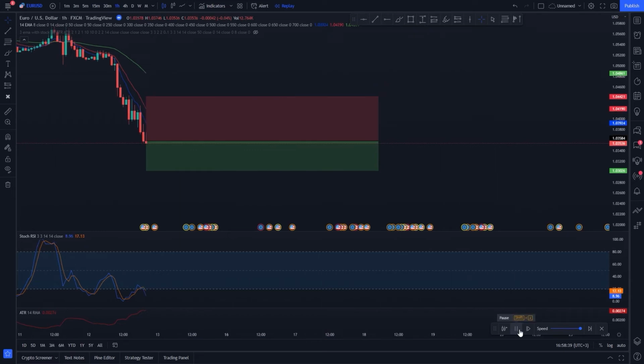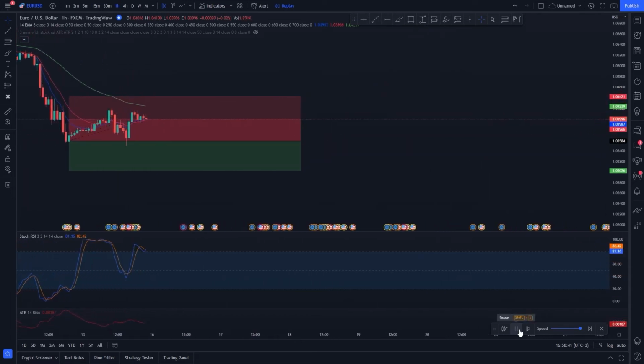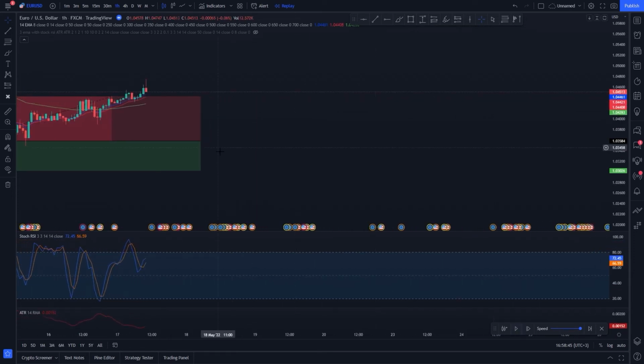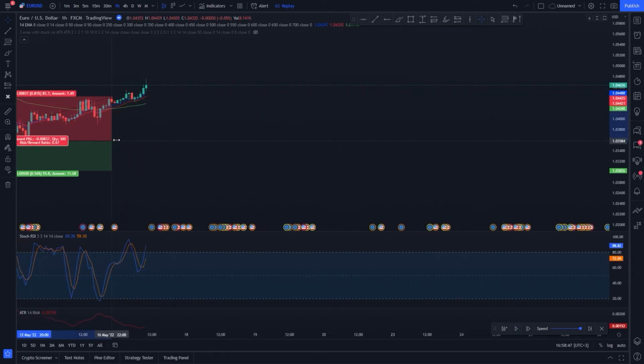And let's see what happened to our trade. As we can see, it hit stop loss, and it was a lost trade. And as I told you before, there's no strategy that works 100%. But anyway, it's time to code it to see if it's actually working and what the win rate is.